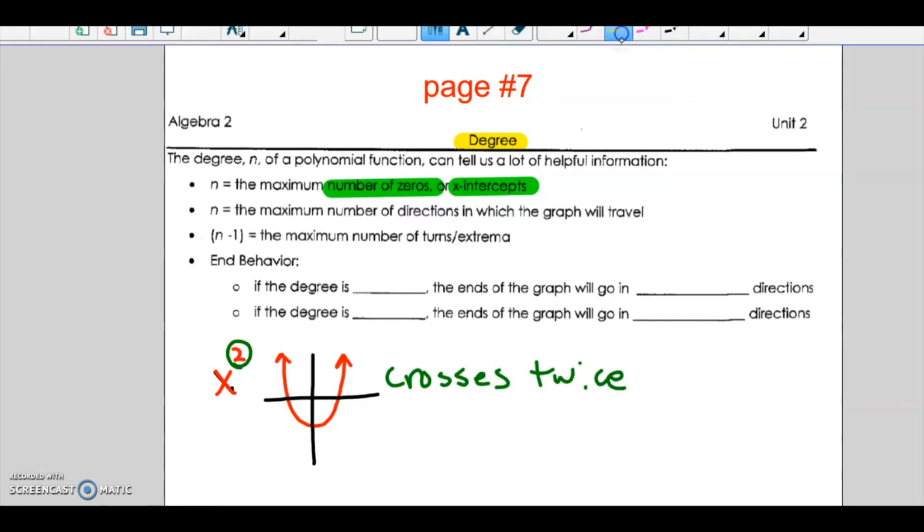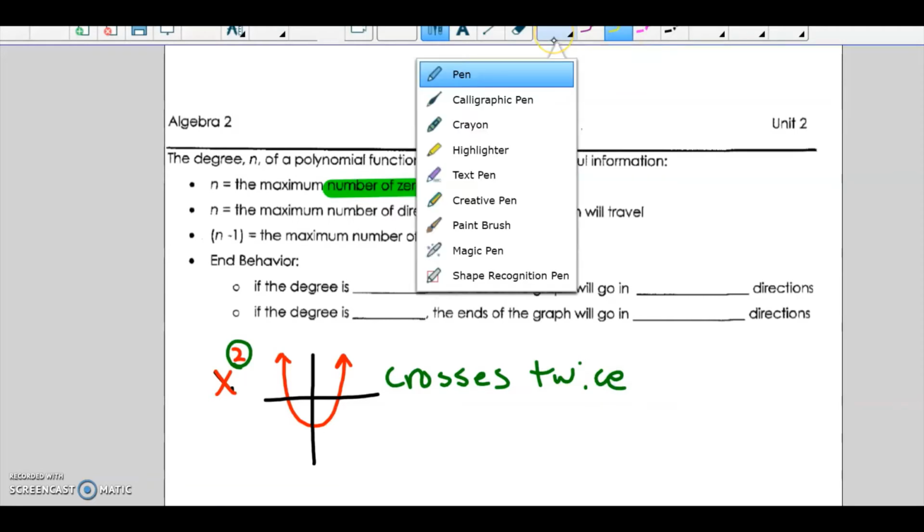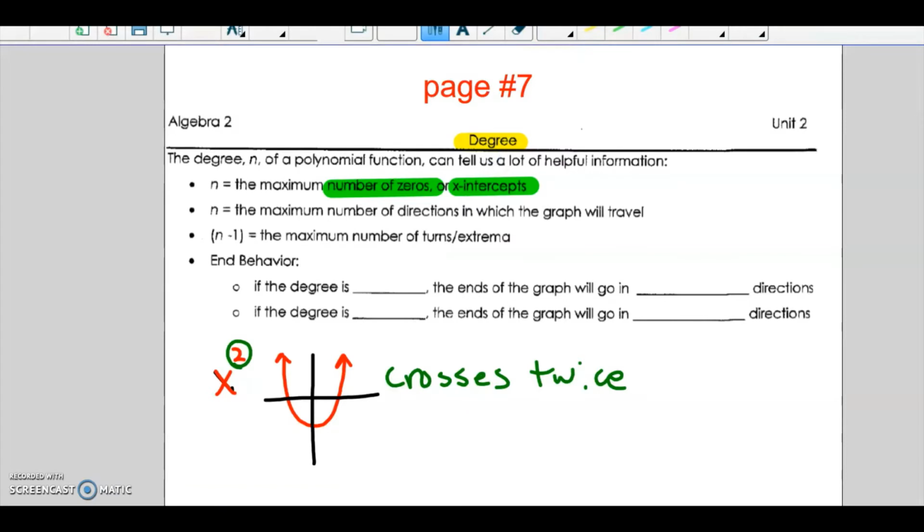And it also is telling us the maximum number of directions. So it's going down here, but it's going up here. So that's 2 directions that it's traveling in. So that's the maximum number of directions that it can go.